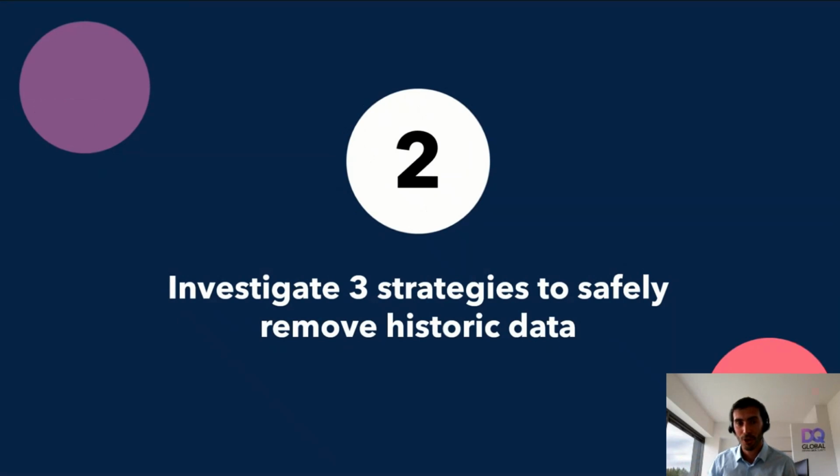So we've done a great job now at scoping, understanding the data we have in terms of storage, what it is, what we will be able to get rid of. What are the 3 techniques we can now use in order to get rid of or move or shrink that data? And we're going to look at 3 methods here.